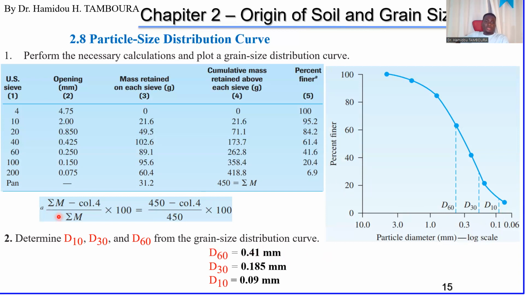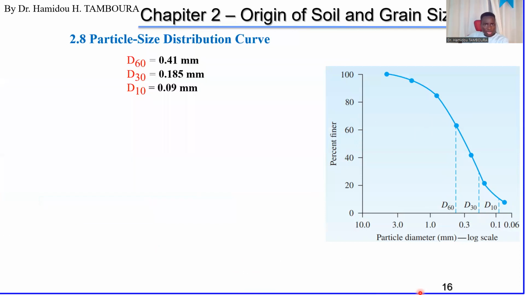Okay, and D30, 30%, 20 is here, 40 is here, so it will be just in the middle, because this one is not logarithmic scale, not log scale, so it will be exactly in the middle. So you go on the curve and go down here, you will get 0.185 millimeter. That's your D30. D60, same. Here and here, you get 0.09 millimeter. That's it.